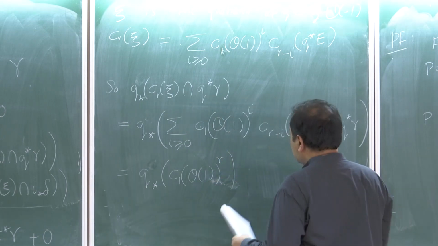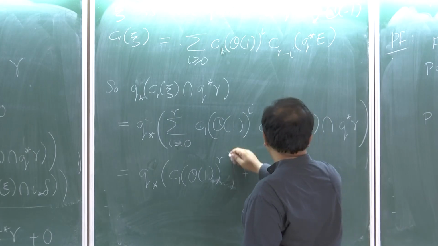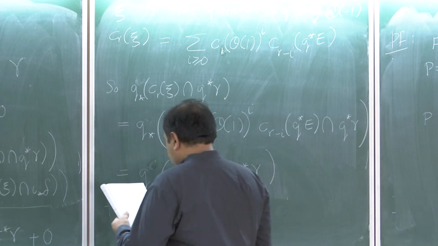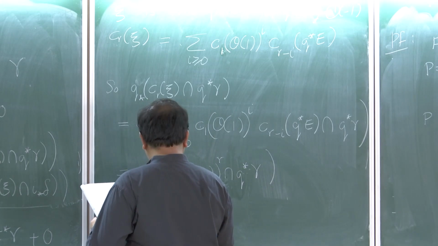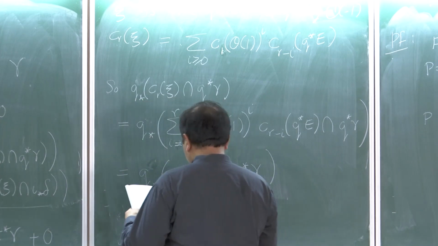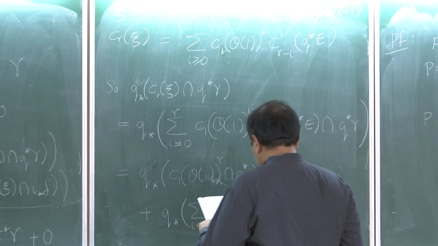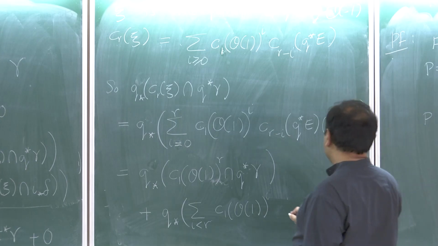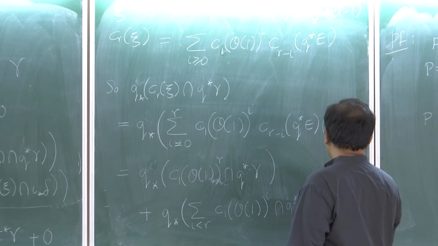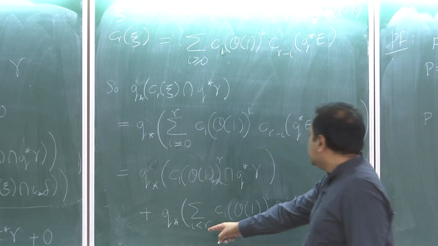So this is the sum for I equal to 0 to R, plus Q lower star of the sum over I strictly less than R of C1 of O1 to the power I. So this is now actually Q lower star acting on Q upper star of CR minus 1 E capped with gamma. And now the claim is that the second term actually vanishes.